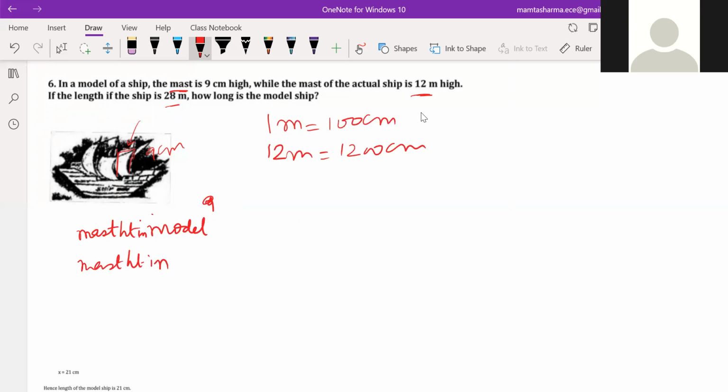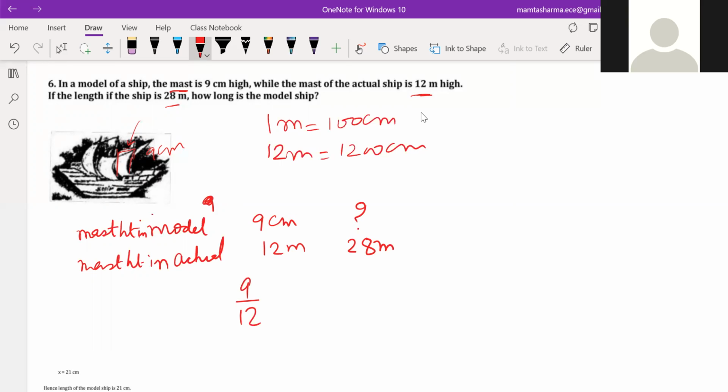In the model it is 9 centimeters, while the actual is 12 meters. If the length of the actual ship is 28 meters, then what will be the model height? So this is x1.